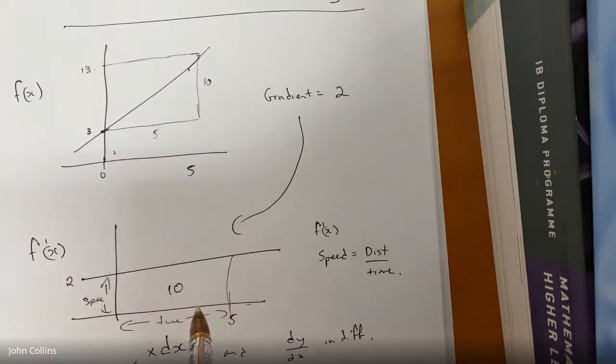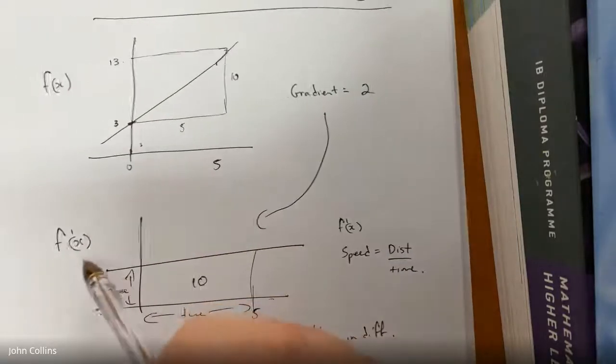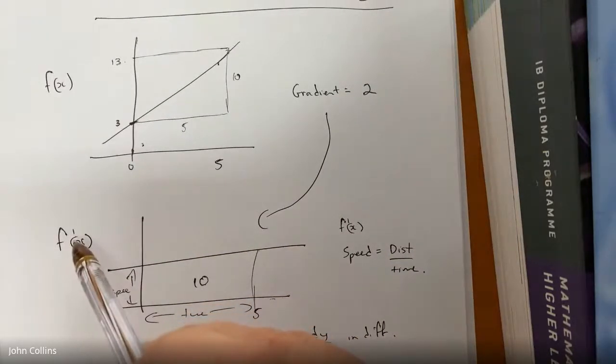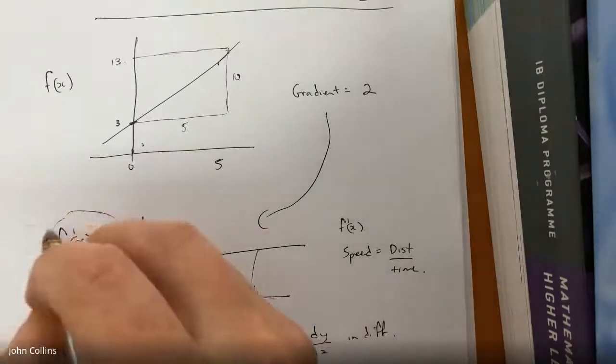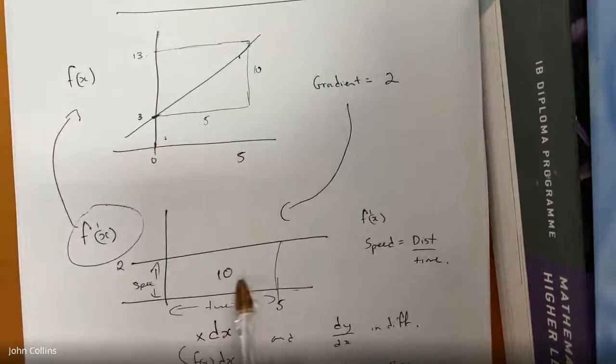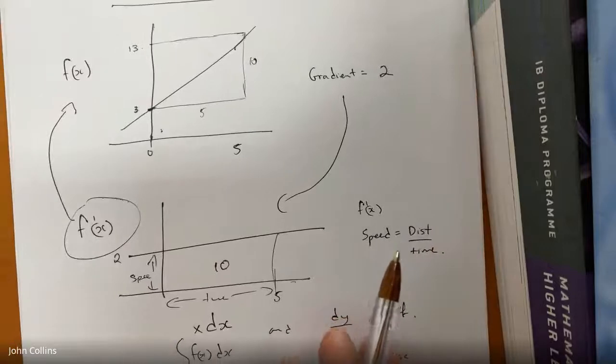Now we work back to this. In other words, we're looking at differentiation and we want to work back. This is the principle we're using: working back to that by using this to find the area. And that's the whole principle of the fundamental theorem of calculus.